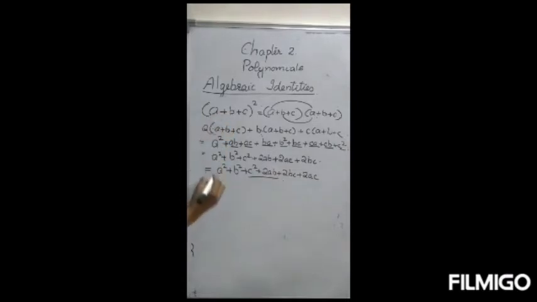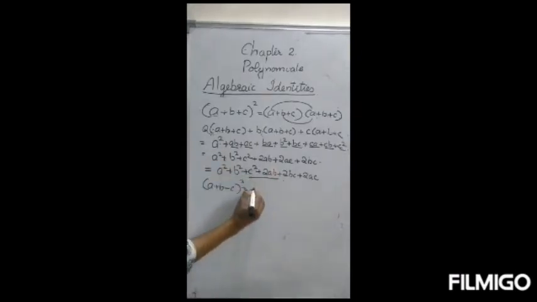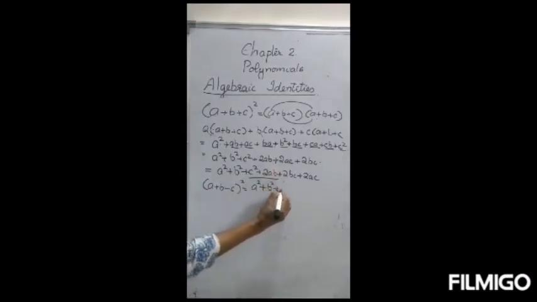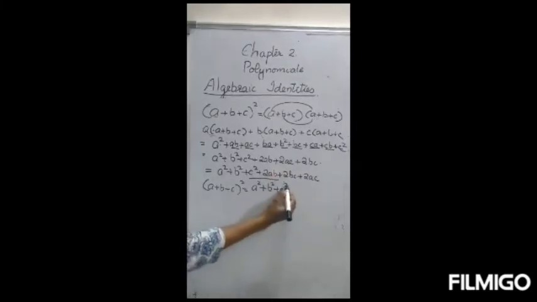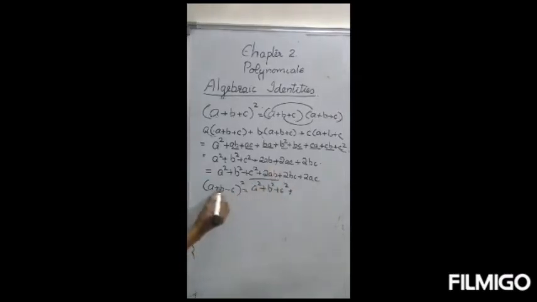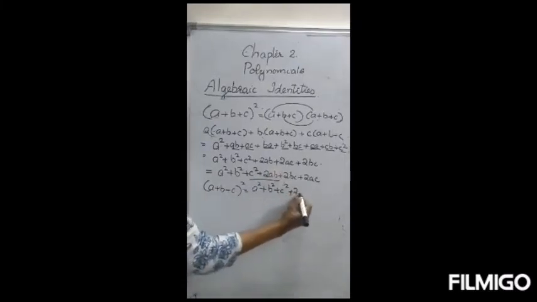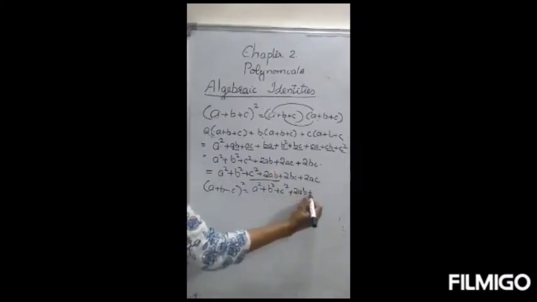Now next, if it comes (a plus b minus c) whole square, then the first three terms will be same, a square plus b square plus c square. Why is it same? Because minus c square is also plus c square. So next is 2ab; here a is positive, b is positive, so it is plus 2ab.